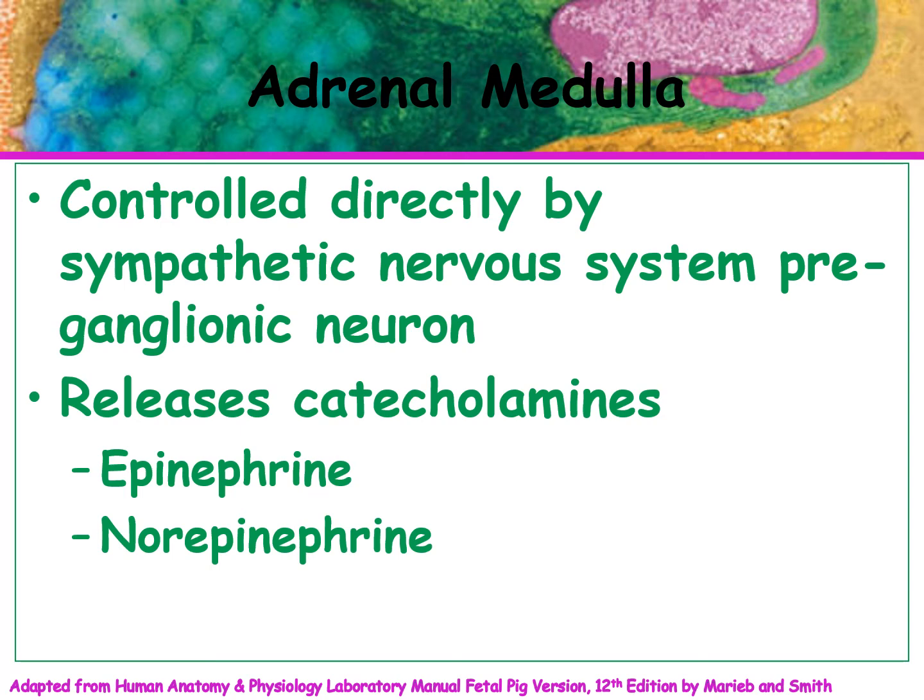So we'll talk about the adrenal medulla first. And we should know that the adrenal medulla arises from nervous tissue. And because it arises from nervous tissue, it is triggered to release its hormones by direct nervous stimulation, and it is stimulated to produce the catecholamines epinephrine and norepinephrine when our sympathetic system is active.